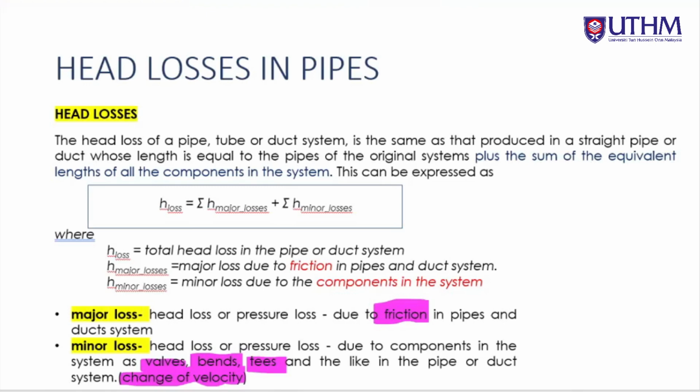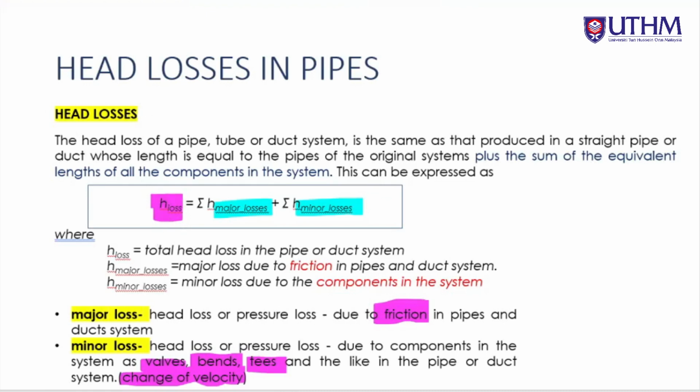Bila kita kata head losses in pipes tu, kita akan be specific. Okay. Dia ada, sama ada kita boleh consider as a major losses or minor losses. So, which one is major losses? Which one is minor losses? So, the contribution from major losses and minor losses ni yang akan sum the total losses in pipes.